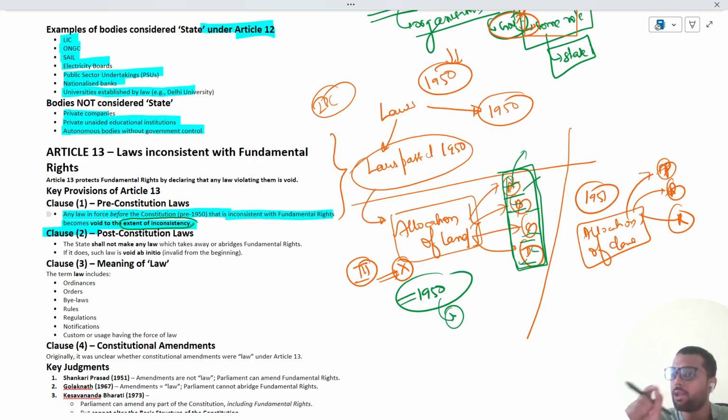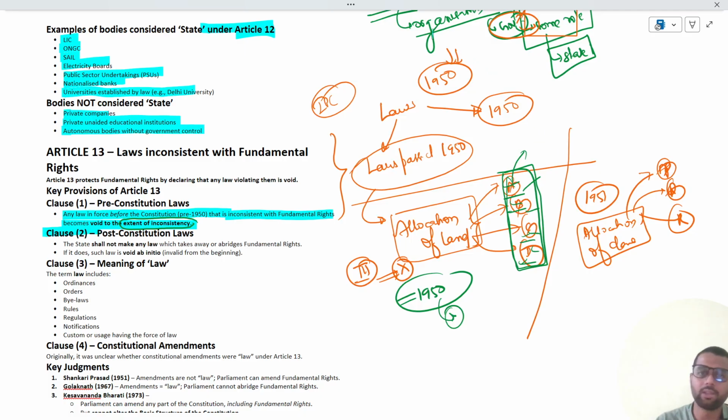But if you made a law and due to some reason the court did not take notice of that, and let's say a few years after, somebody filed a petition in the court and said that this law, passed two years back, is violative of Part Three of the Indian Constitution, basically abridges or takes away the fundamental right, then the law will be struck down and the enforcement of the law will be declared null and void retrospectively. That is, from the date when the law was passed.